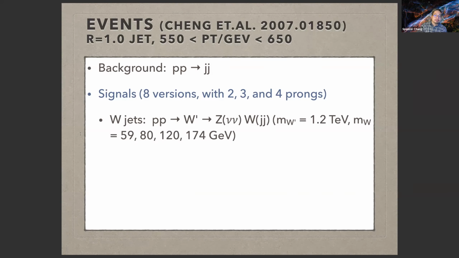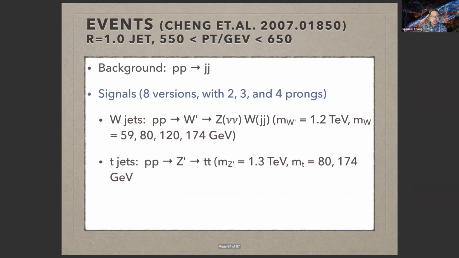So there's really one class here with 4 versions of it. As you change that mass, it's going to broaden the 2-prong aspect and so on. There are top jets, which are more like 3-prong events. Here they produced it with a Z prime, also about a TeV, decaying into 2 top quarks, which decay hadronically. There's a standard model-like value and also a lower mass value.